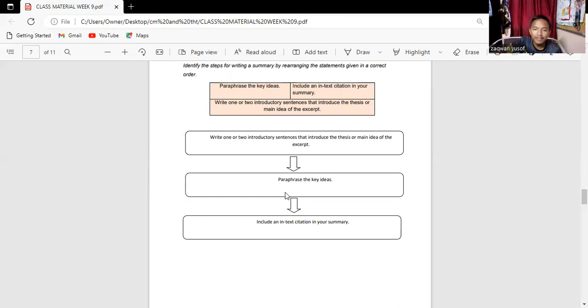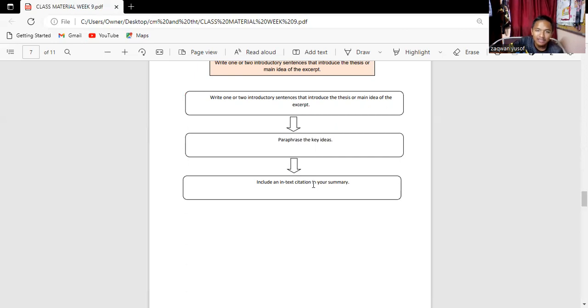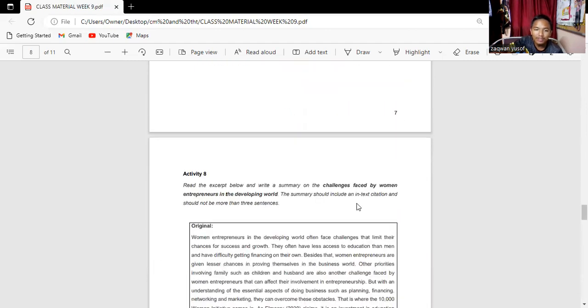Number 2 is paraphrase the key idea, and number three is include an in-text citation in your summary.